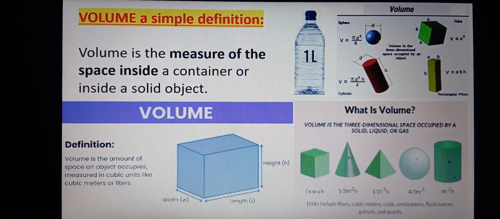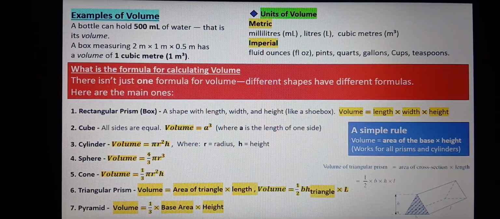And to calculate that volume, each one of these shapes has a special formula. So if we have a look at an example of volume, a bottle which can hold 500 milliliters of water, that will be its volume. A box measuring 2 meters by 1 meter by half a meter has a volume of 1 cubic meter.